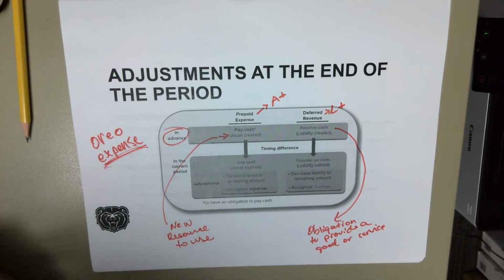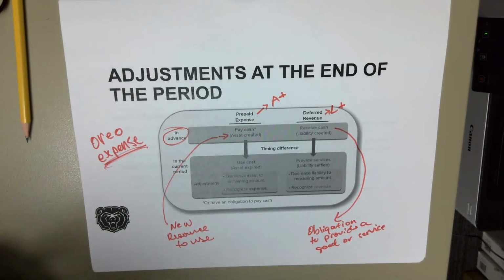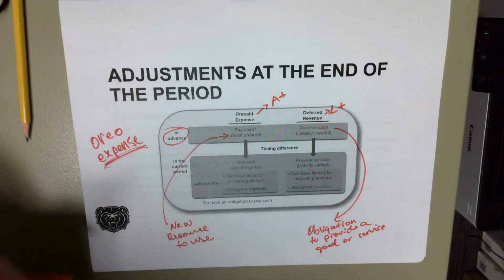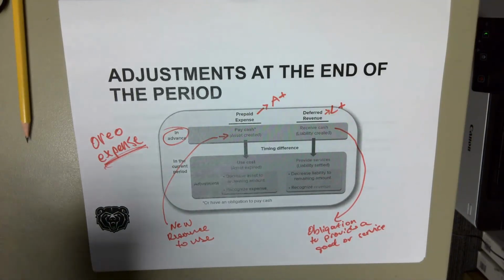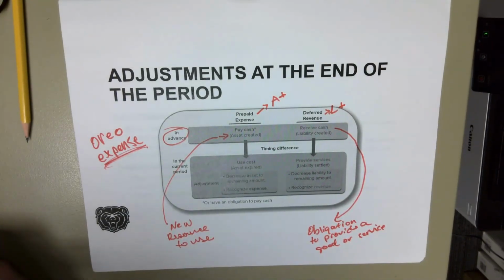But in the month of November, I do $500 worth of work. Okay, so I would reduce my liability by $500 because I've provided you $500 worth of work. I've met $500 worth of my obligation. And I would increase my revenue by $500 because since I have finally performed that obligation, I can recognize that revenue.